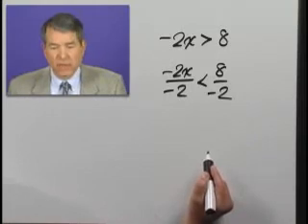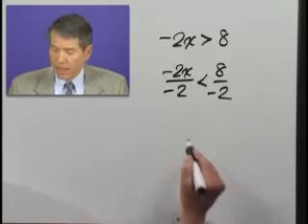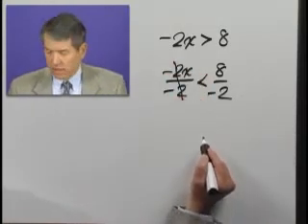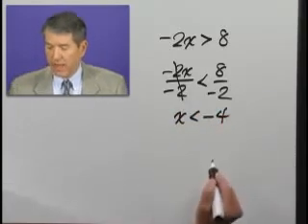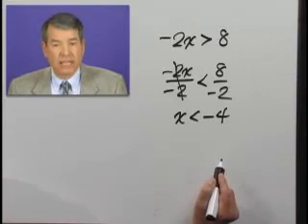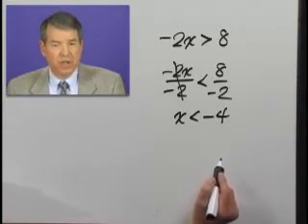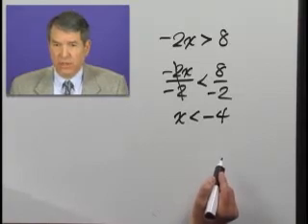I have to do this so that the result will be valid. If I divide to simplify on both sides, I find out now that x needs to be less than negative 4.